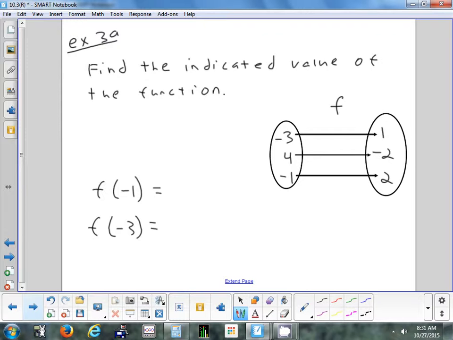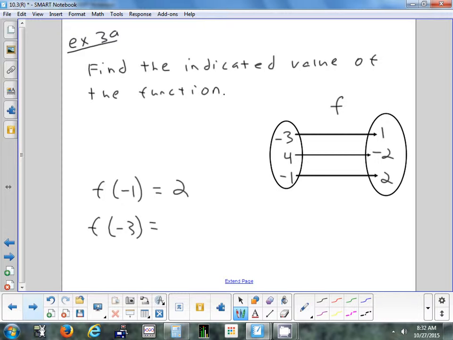Kevin? 2. Okay, and now somebody besides Kevin, can you pronounce that whole sentence right there? Perfect. F of -1 equals 2.